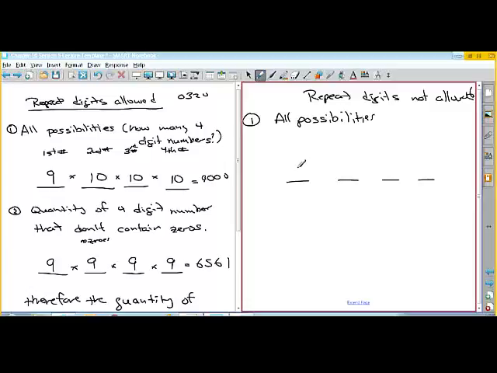And we have 4 steps. So the first step is 9. Now, how many possibilities do I have for the next one? Do I still have 10, or do I have less than 10?